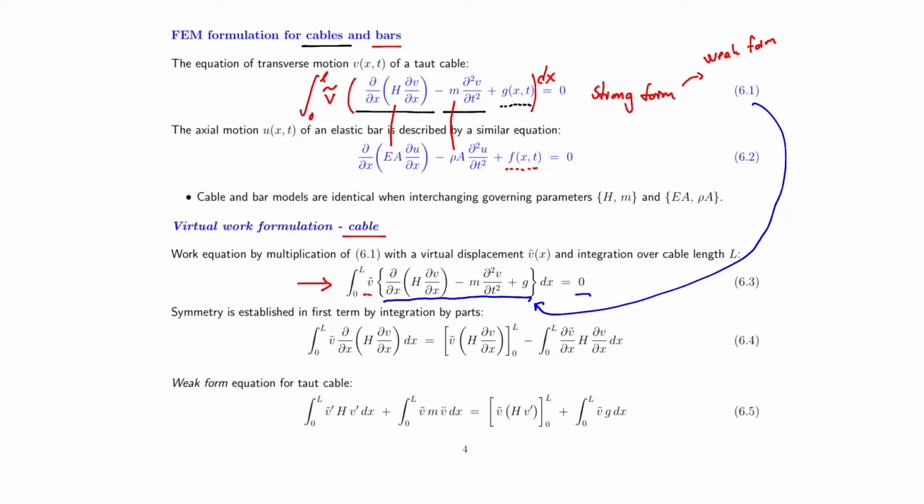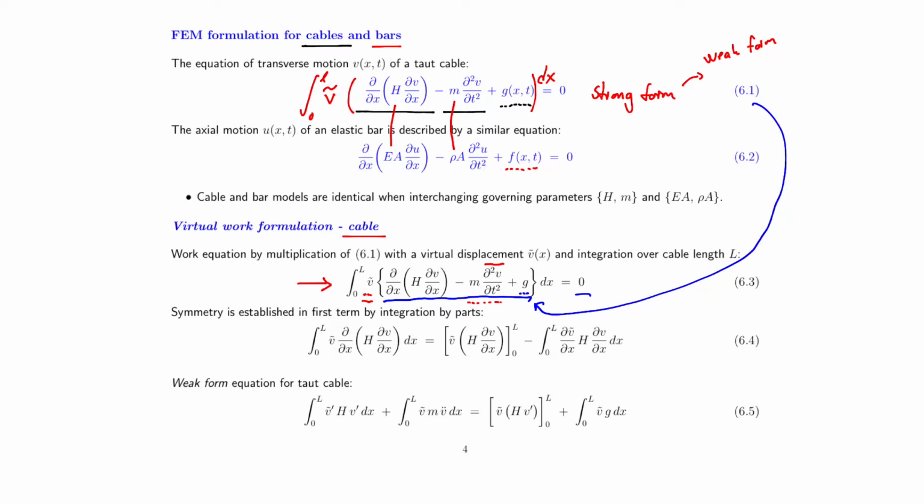Now, we would like to have symmetry in the order of differentiation with respect to the spatial x-coordinate. For the last term, that will simply give us the loading on the structure. For the intermediate term, this will give us the inertia distribution of the structure, and we see that both the tilde function and the real solution v are both not differentiated with respect to x, so we have symmetry with respect to the spatial coordinate x.